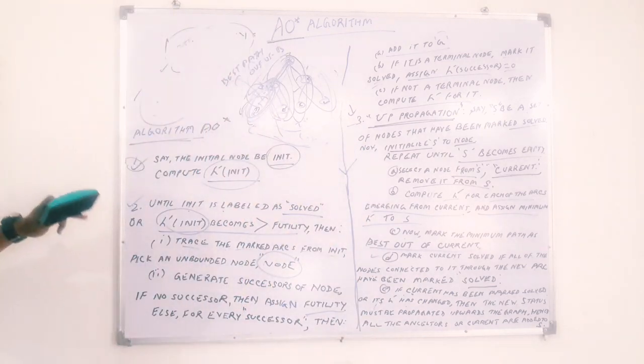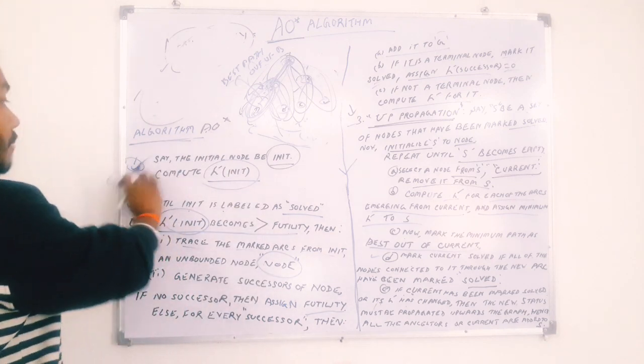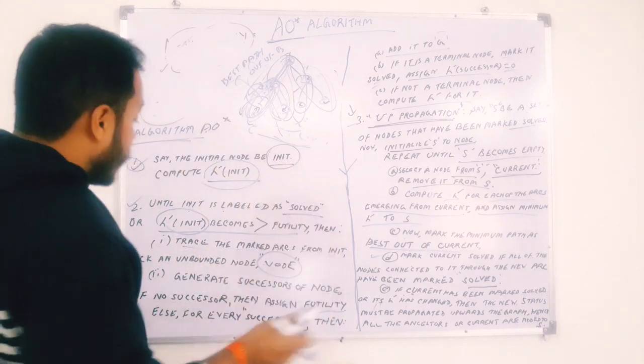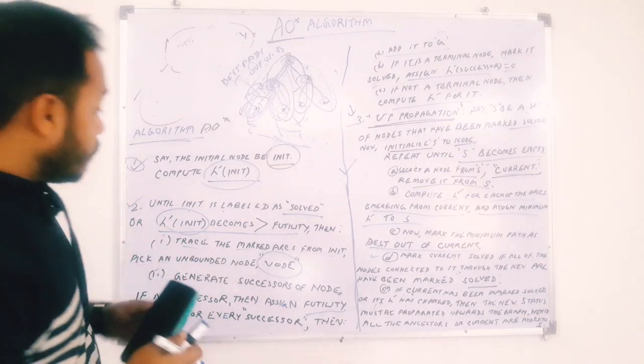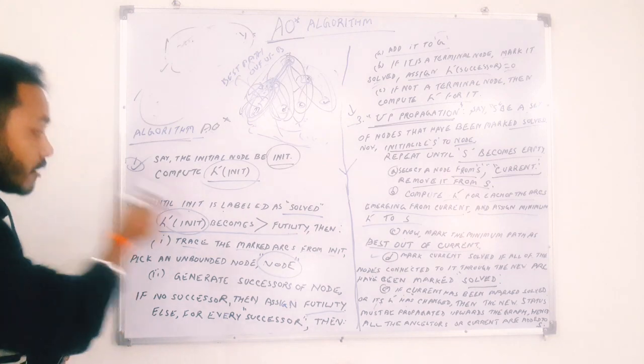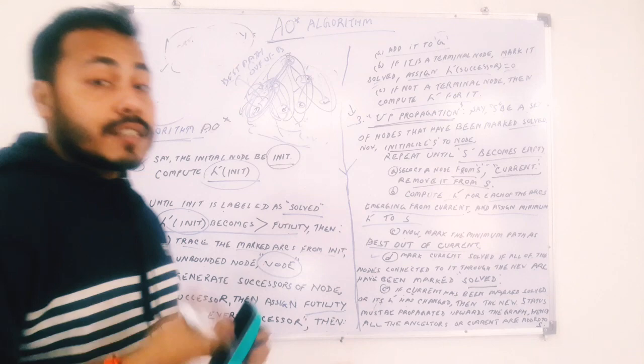So again I am repeating the same thing from step 1. Step 1 begins with initialization of the first node, and in step 2 we try to find the best path coming out of the init, and for that we generate the successors.